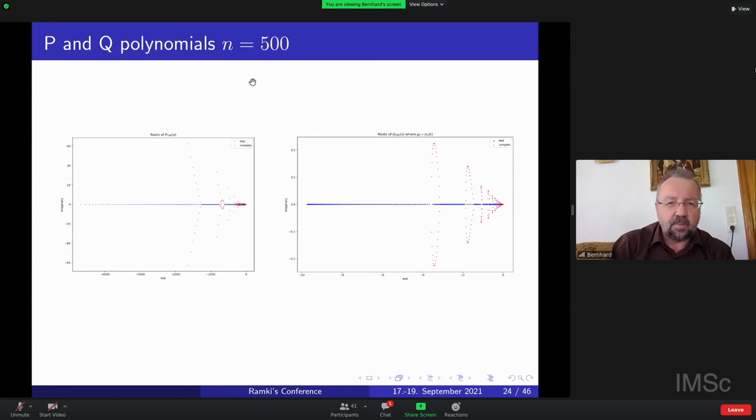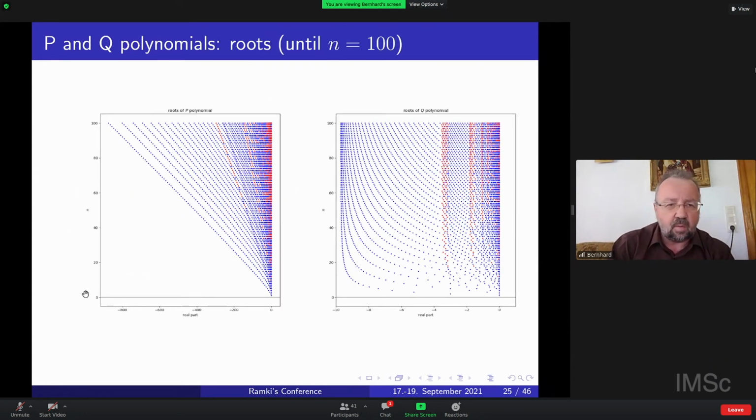Here again, the plot with the roots, all the polynomials up to 100. Here the p version, here the q version, and as I said, it's like the compact case. But there's also some internal barrier which we could not figure out how to prove.